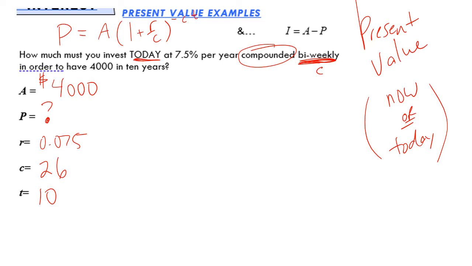Using our formula, P equals 4,000, 1 plus 0.075 over 26 to the exponent negative 26 times 10. Make sure you do the exponent first.